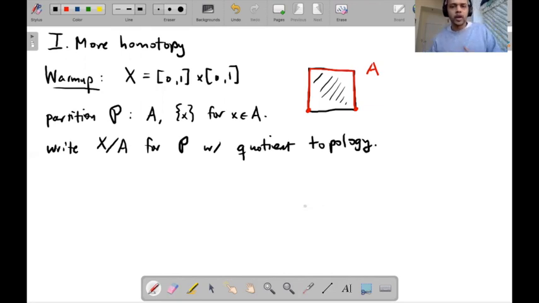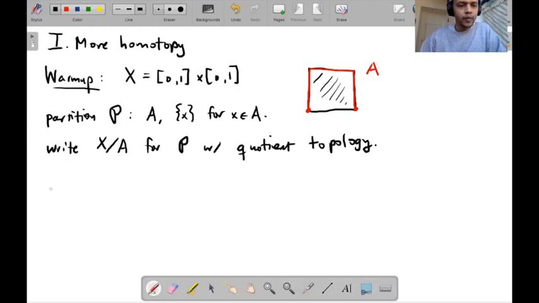Intuitively, X mod A is what you get from X by collapsing all of A to a single point. Now you might take a second and think about what space you get when you take this unit square and collapse this 3/4 of the boundary to just a single point.